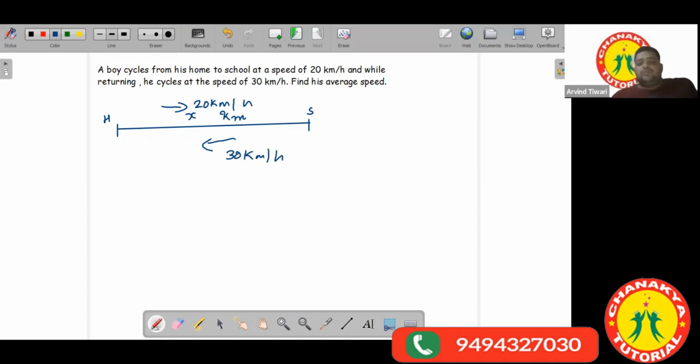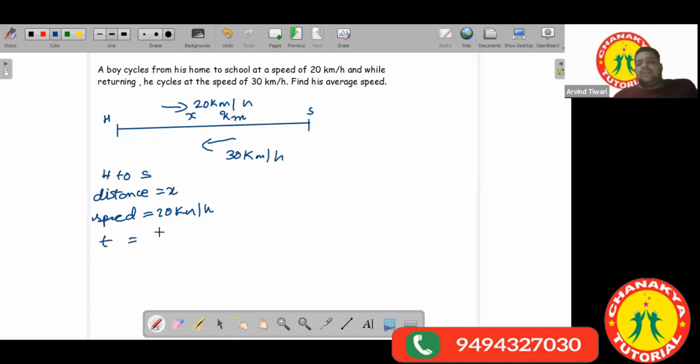While going from home to school, first find out the distance and time. Distance is x. The speed is 20 kilometer per hour. And what is the time taken?